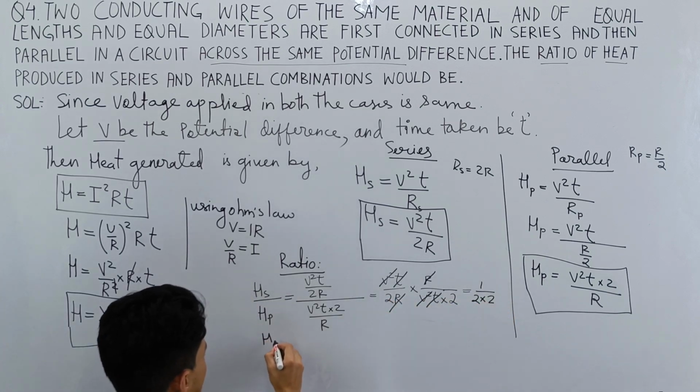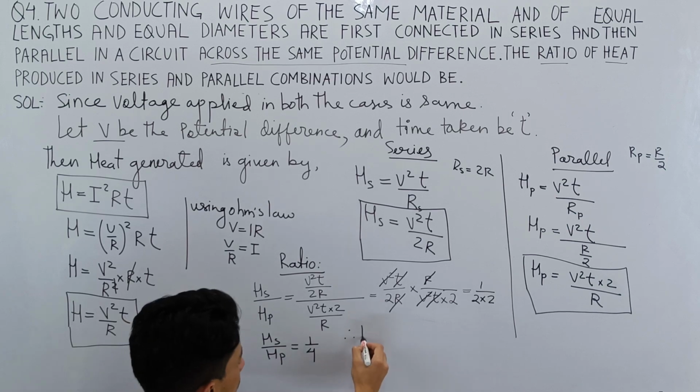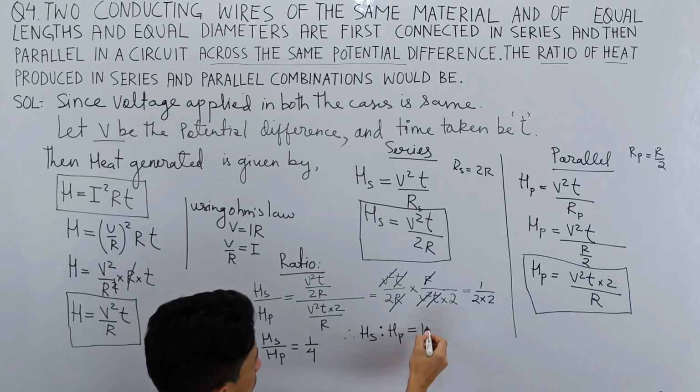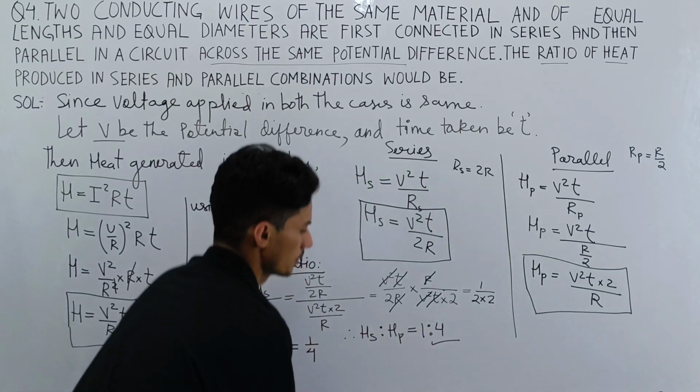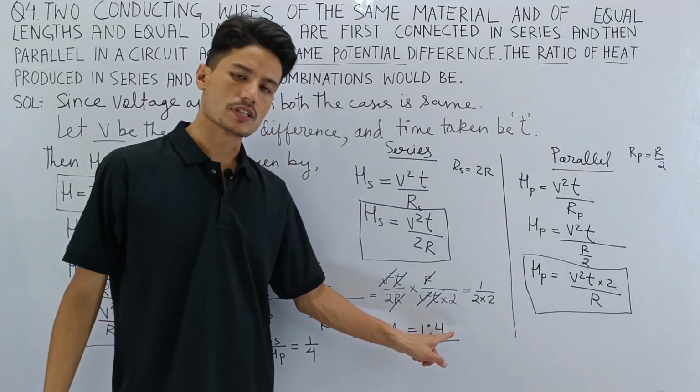So HS by HP, you're getting 1 by 4. That means HS is to HP is equal to 1:4. This is the answer, and this must be the answer in one of the options.